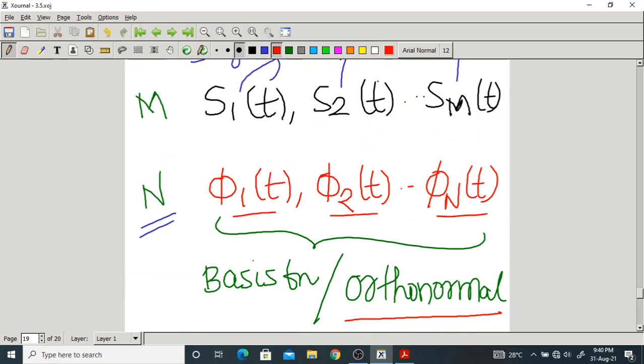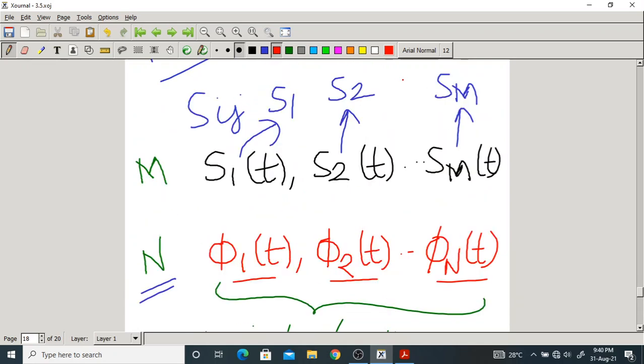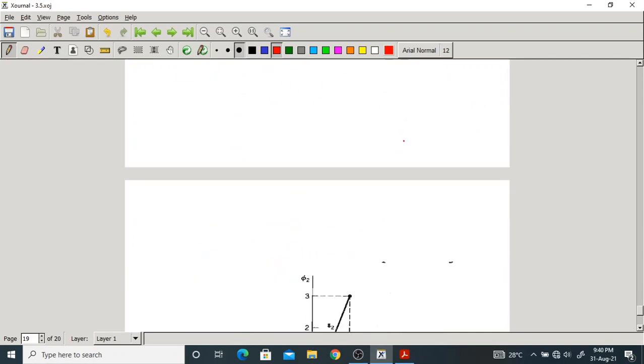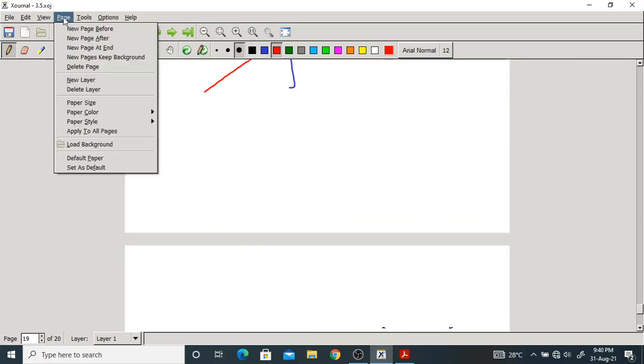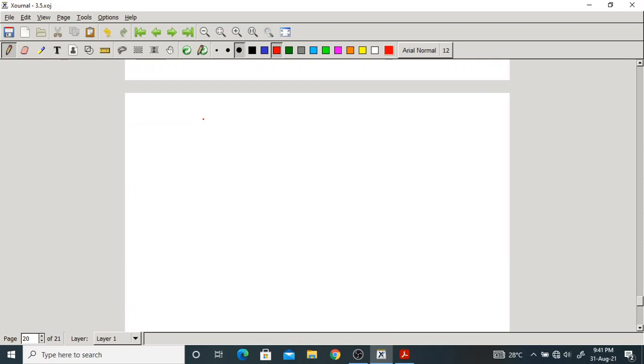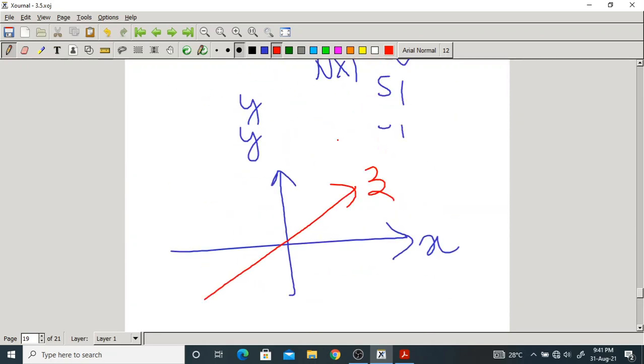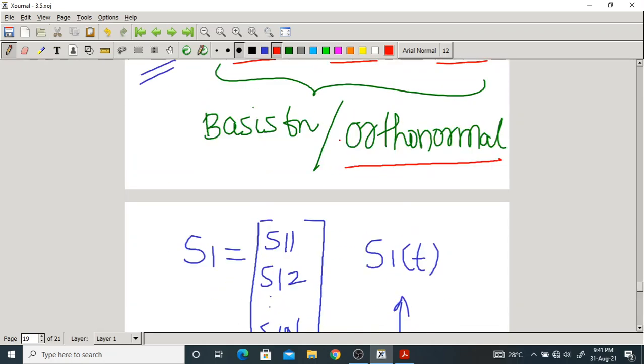Now these m signals will be represented in this n-dimensional space with a point. What I want to say is simple. Since we have n basis functions, they will act as axes. Suppose only two basis functions are there, which means it is a two-dimensional signal space.